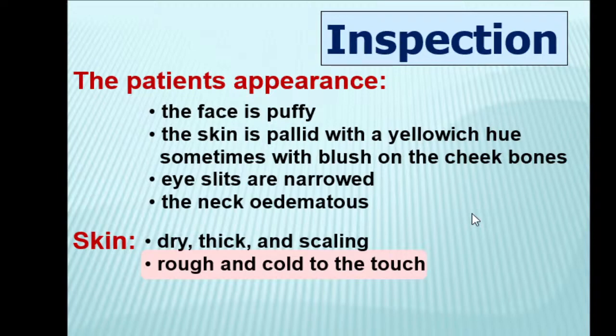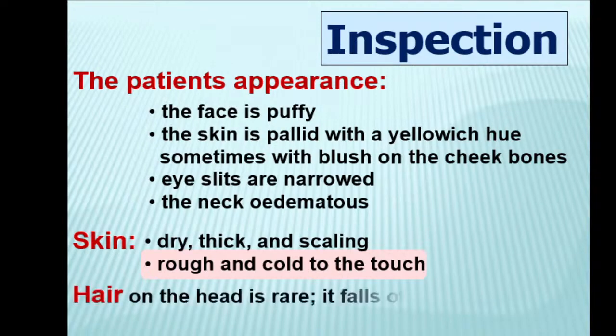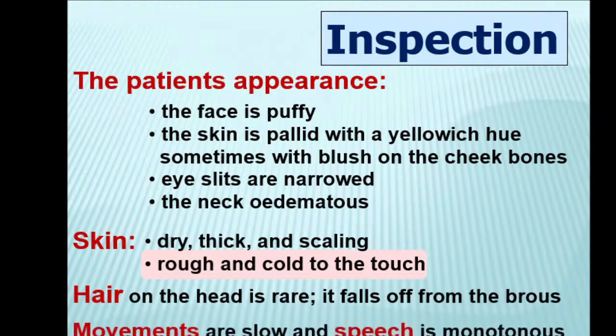Sometimes the skin of the patient with hypothyroidism is compared with elephant skin. Hair of the patient easily falls out, as a result becomes rare, and sometimes there is no hair growth on the face. The behavior of the patient is also specific.